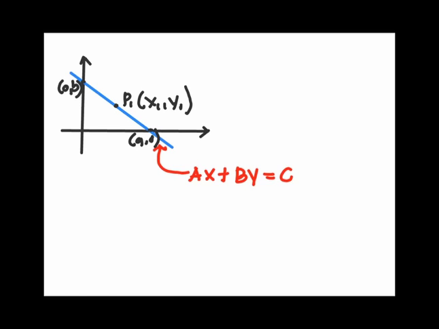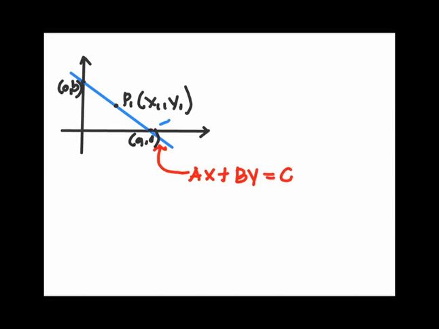Recall that the x-intercept is the distance from the origin at which the line intersects the x-axis, while the y-intercept is the distance from the origin at which the line intersects the y-axis.